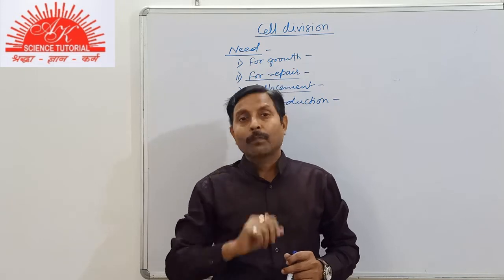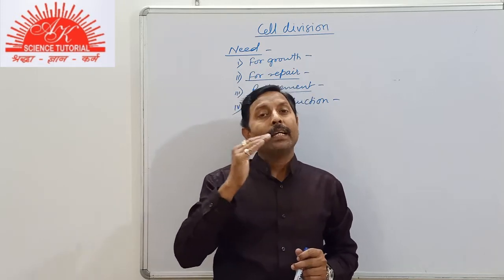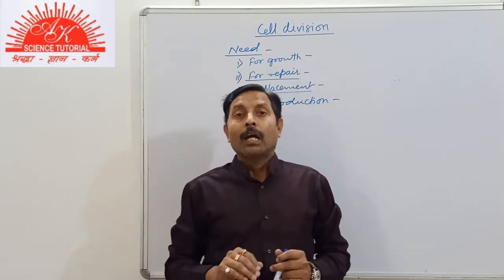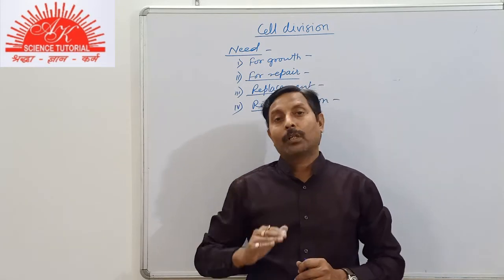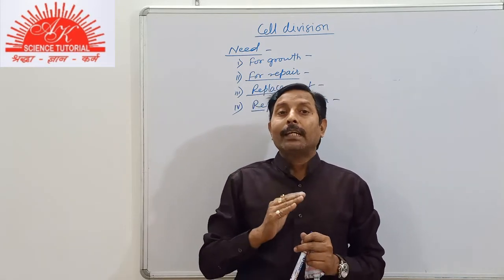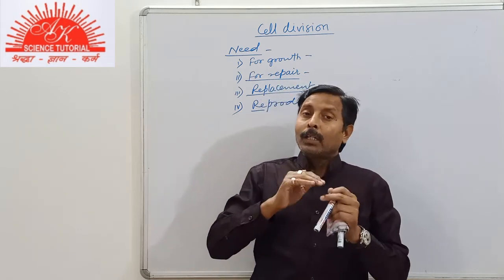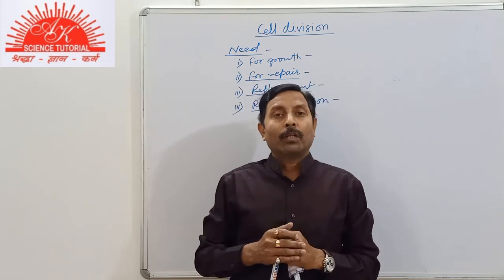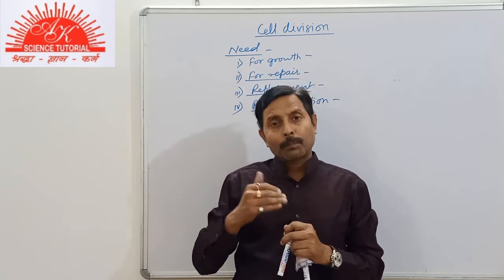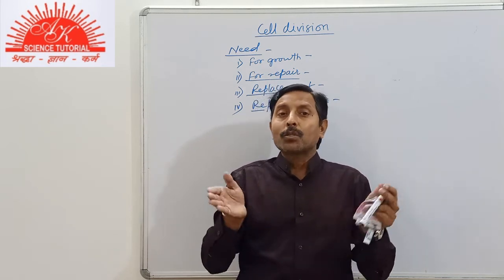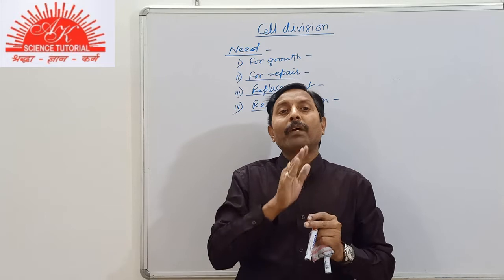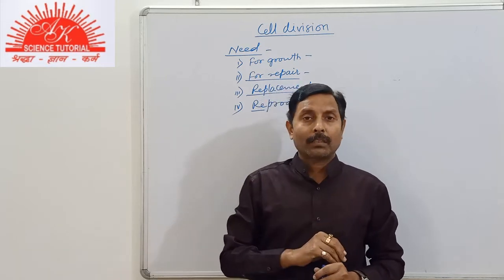There are two types of reproduction. One is called asexual reproduction, another is called sexual reproduction. In asexual reproduction, any part of the body takes part, and there is no fusion of male and female gametes.